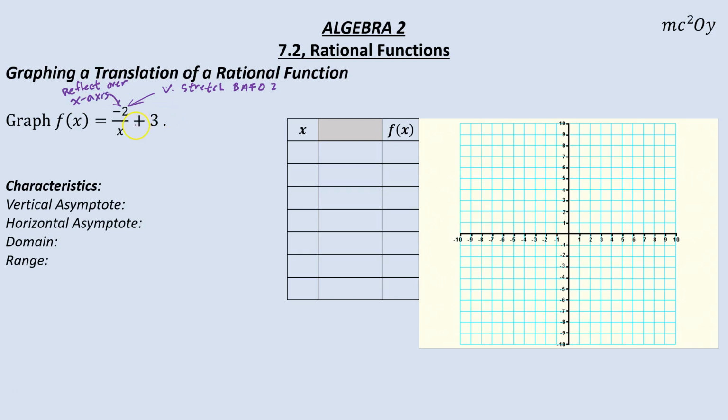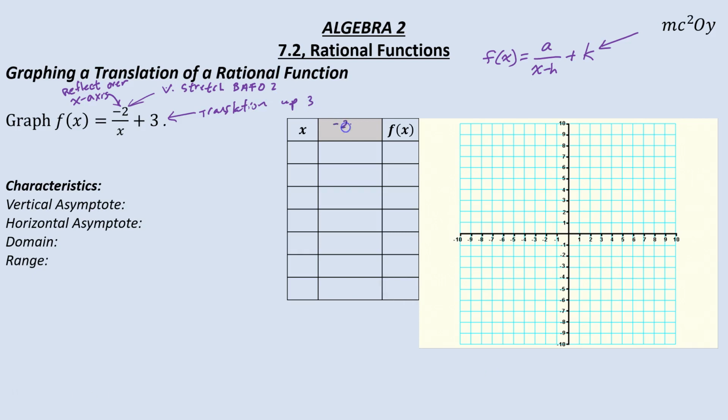Okay, and what does the 3 do? Well, this is like a plus k. If you think of it as f of x equals a over x minus h, I know we haven't got to that yet, but we have a plus k. And k is a vertical translation. So this is actually going to move our graph up 3. Let's see how that works here.